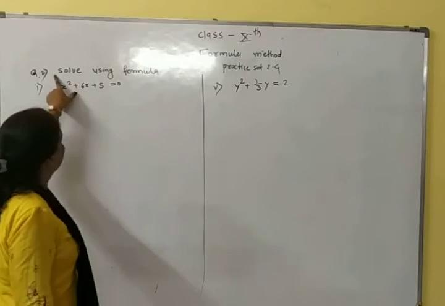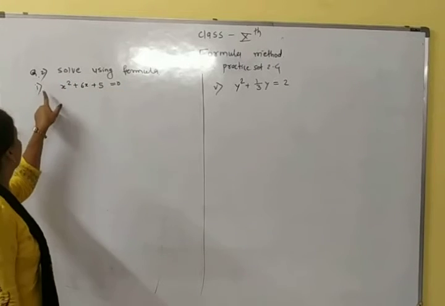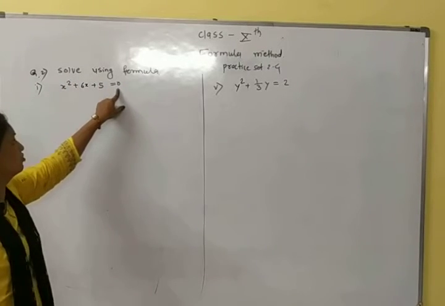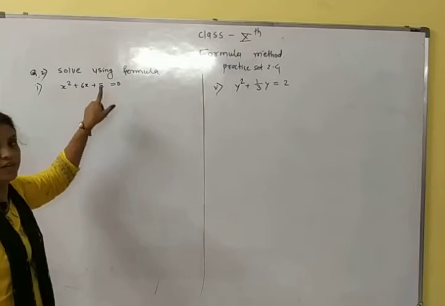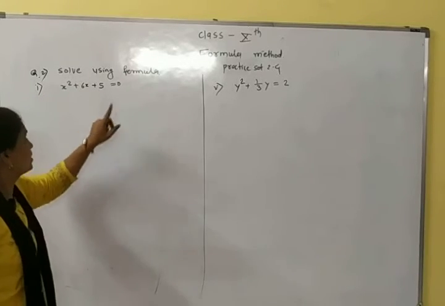Question number 2, solve using the formula. First, x² + 6x + 5 = 0. First, we have to write the values of a, b and c.